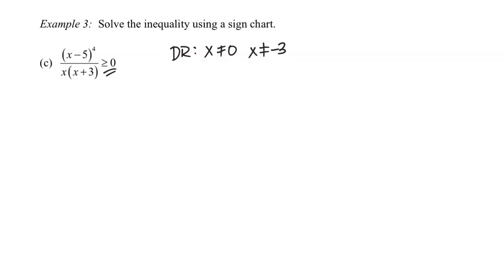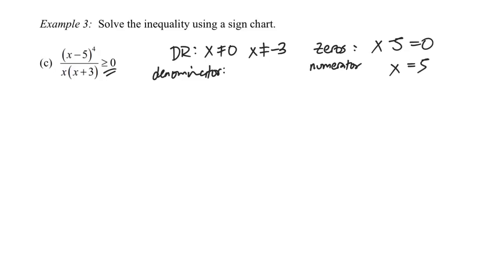Now, I'm also going to have some zeros to put on my number line, and zeros will always come from the numerator. Okay, domain restrictions are from the denominator, we already know that, but the zeros come from the numerator. And so if I set the numerator equal to 0, I'm going to get x is equal to 5.